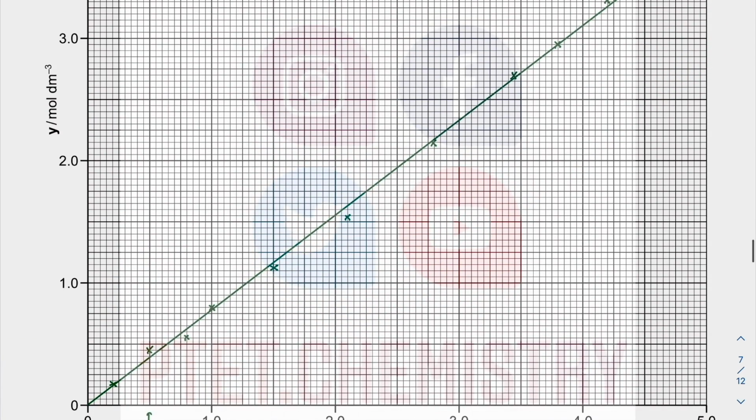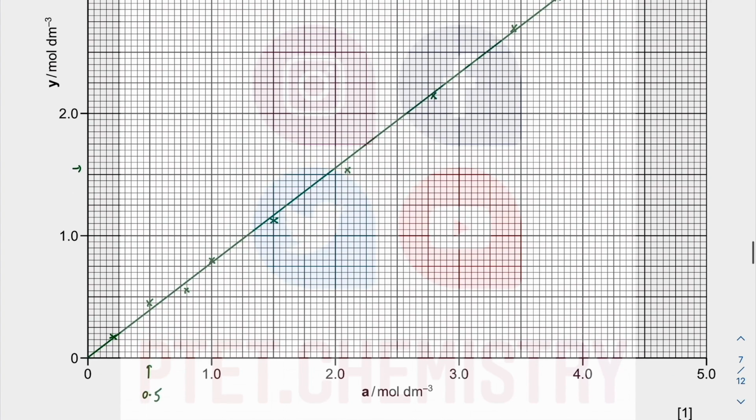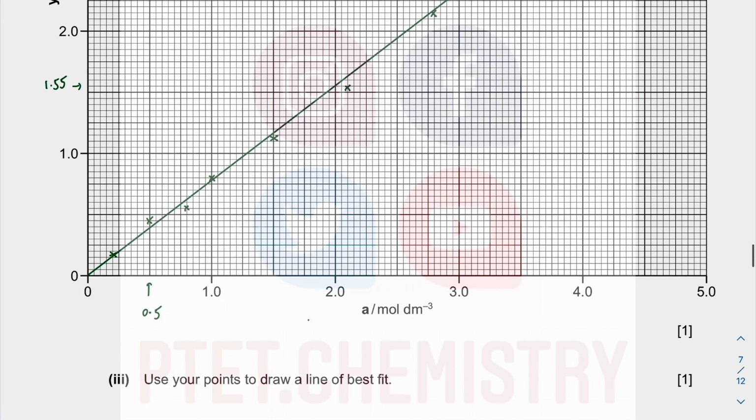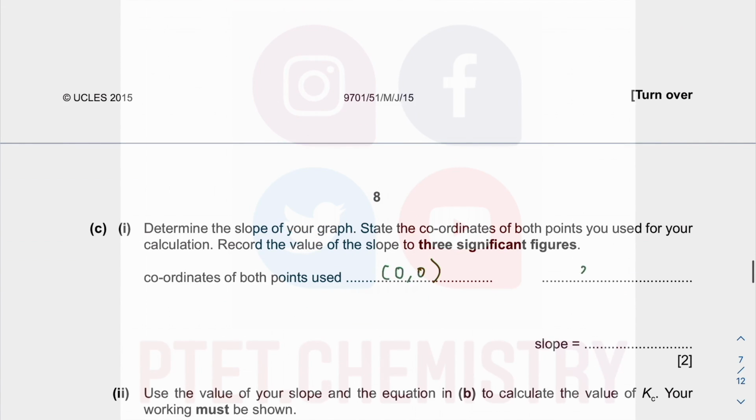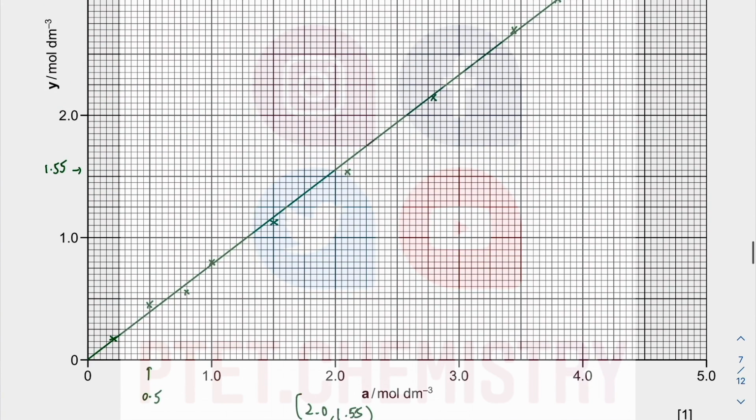That seems to be easy, at 2.0, so there's 1.5, there's 1.55. So 2.0 and 1.55 is my other coordinate, so it's basically there, right?